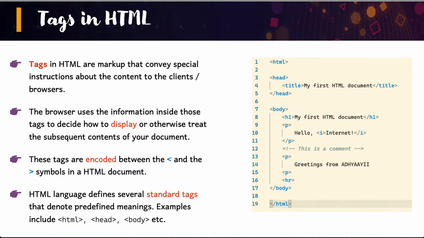Okay. And then there are several standard tags that have predefined meanings. I gave an example of h1 being a first level heading, i being italics and p being a paragraph.